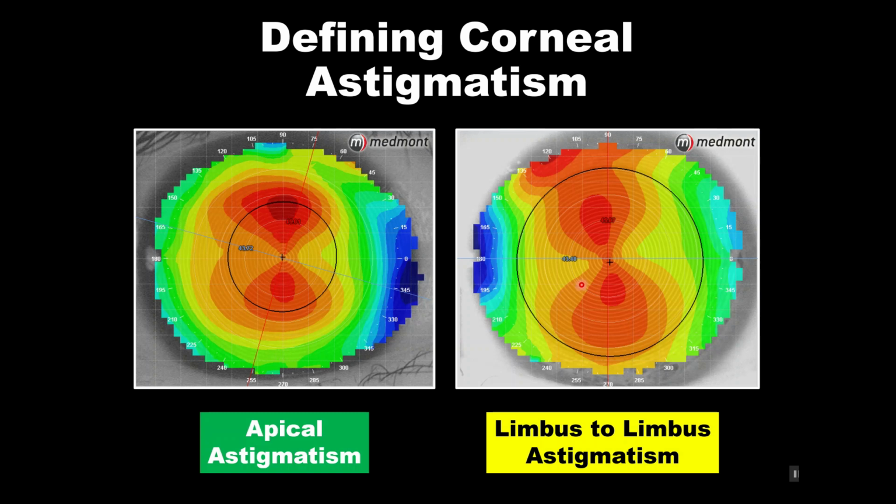With limbus to limbus, you're more likely to need a toric landing, and it may be trickier to push the tissue enough to eliminate any astigmatism that may be there.